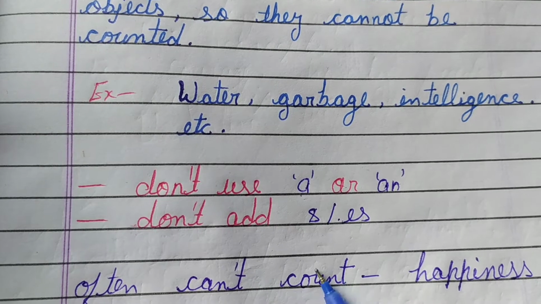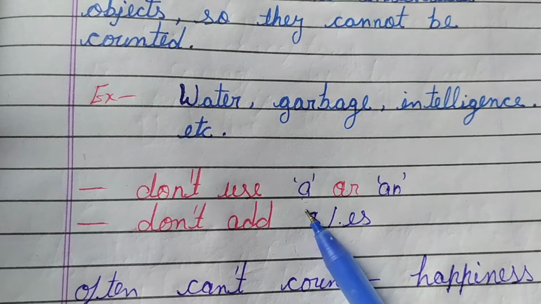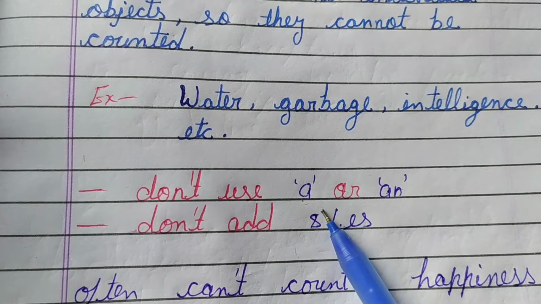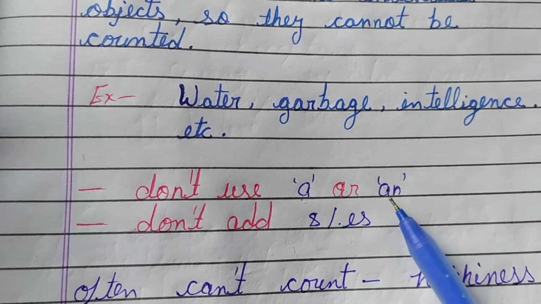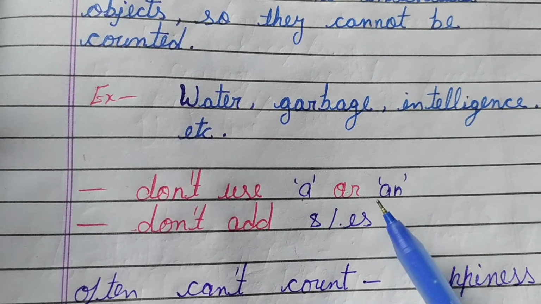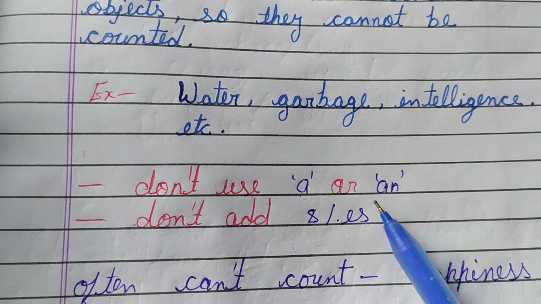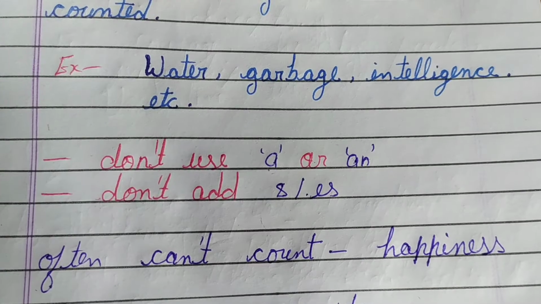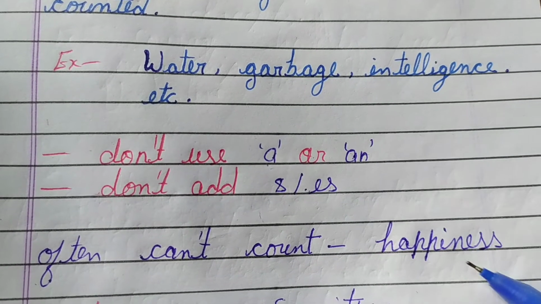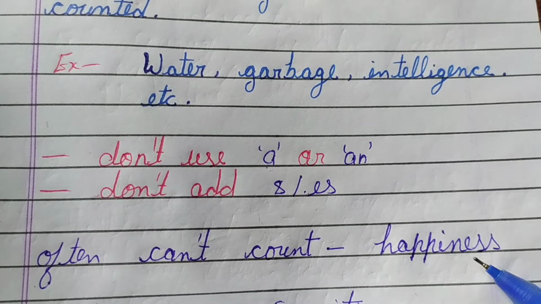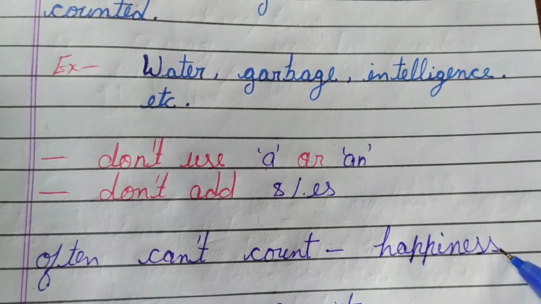An uncountable noun is a noun where you do not use a or an in front of it. Example, happiness. I do not say a happiness.